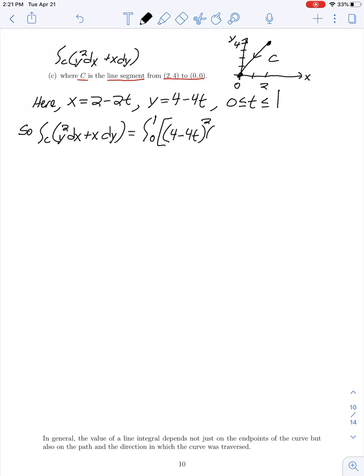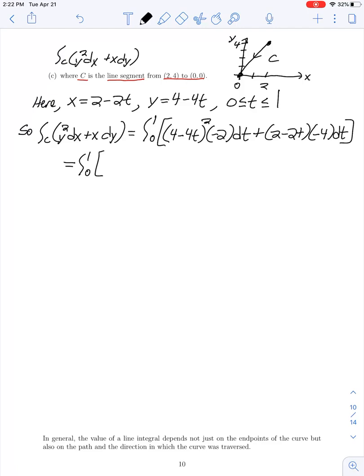We're squaring that quantity, times the differential of x, which is -2 dt, then plus x, which is 2 minus 2t, times the differential of y, which would be -4 dt. So we have the integral from 0 to 1 of, if we expand this, let's see what we have.